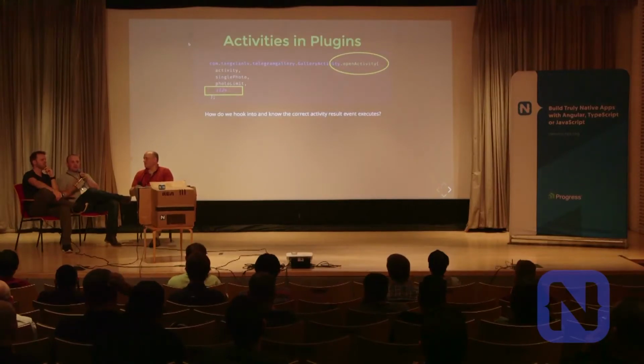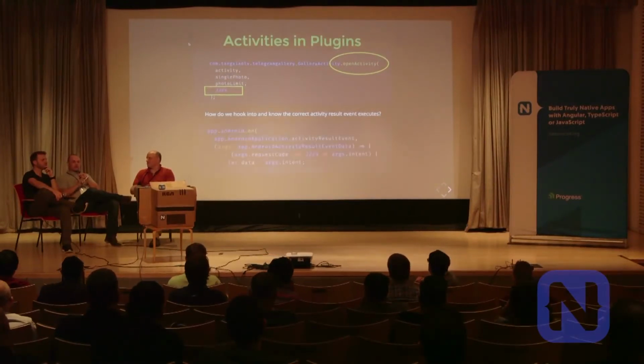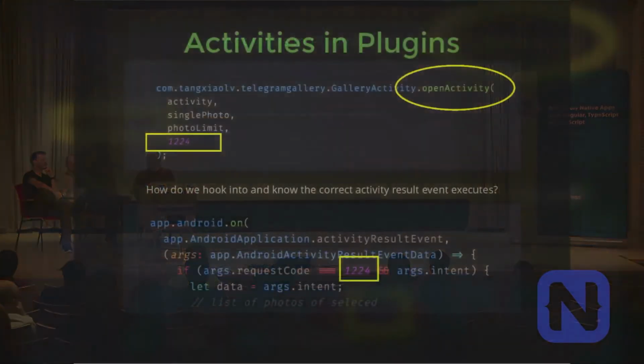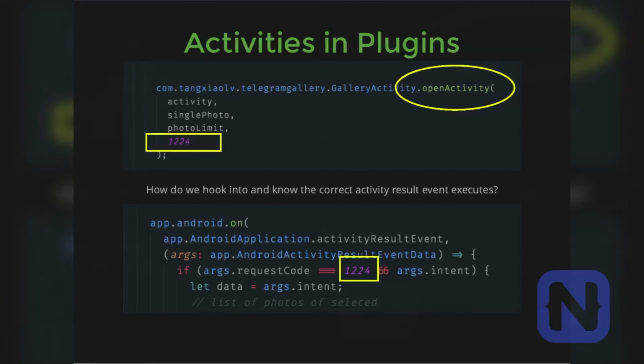And why that's important to know when you're consuming and tying into the activity results or the application events in NativeScript is that NativeScript has the activity result event, which you're going to tie into when you consume that third-party code. And one of the properties that gets returned is the request code, and that number should always match up, because that's how you know you're in the correct result event for that method.